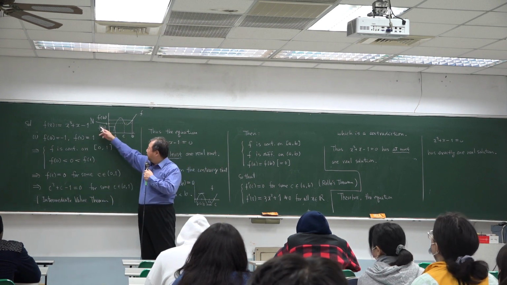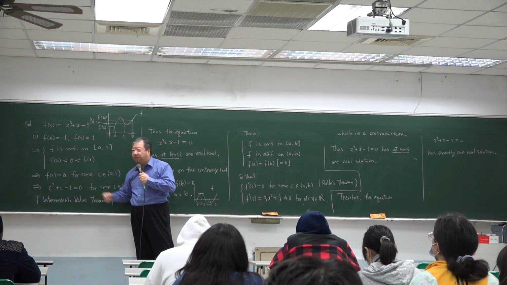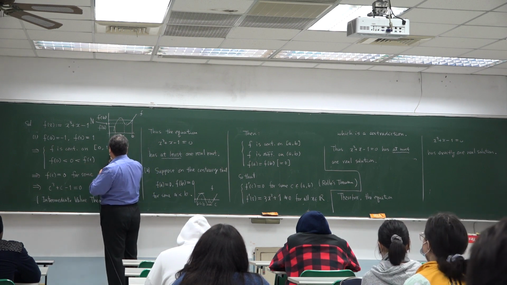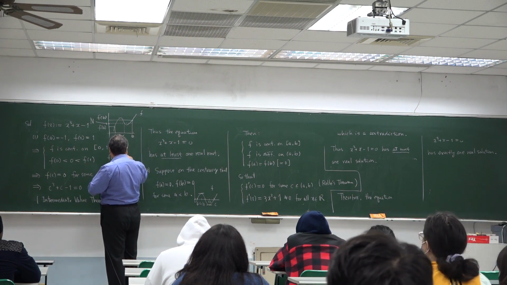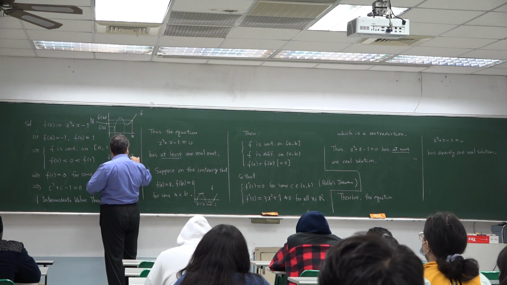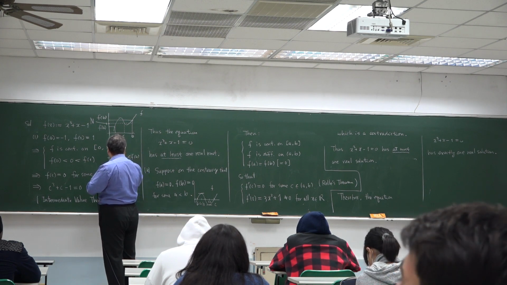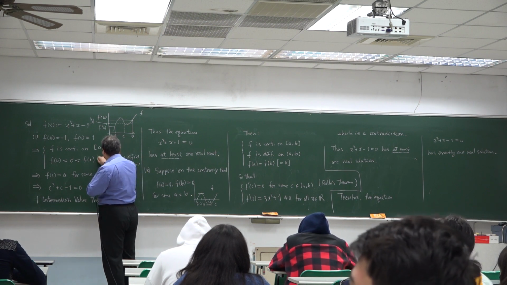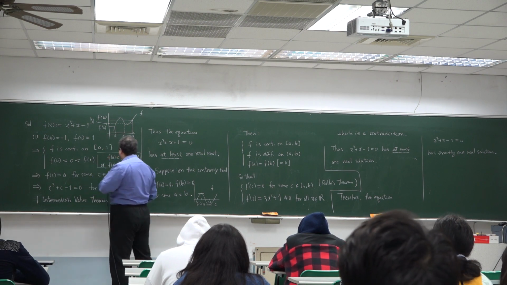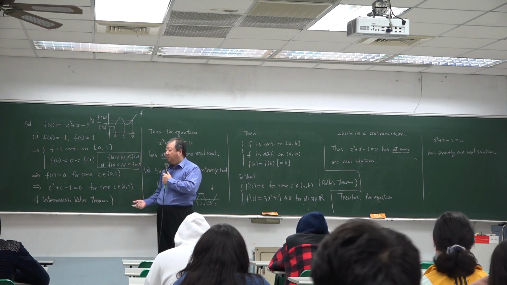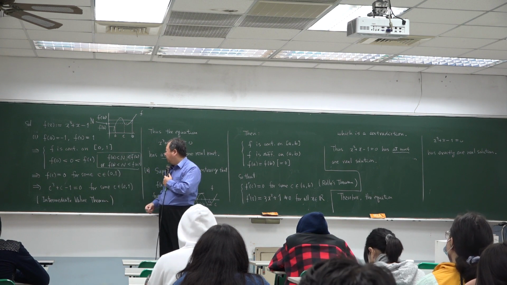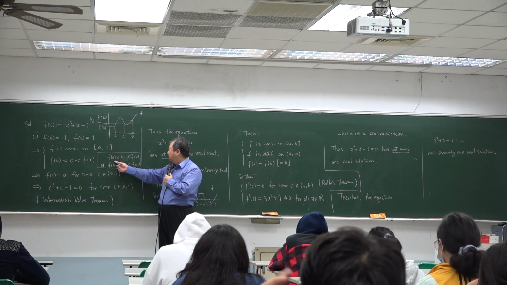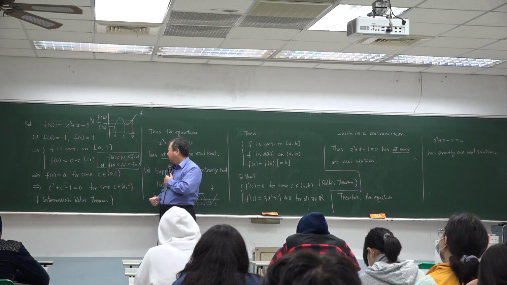Now, if we consider n to be the number 0, this means n is an intermediate value of f of a and f of b, or n between f of a and f of b. If f of a is smaller, then this statement is true.